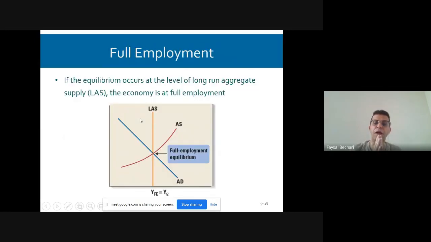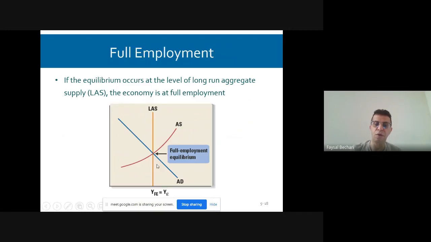In full employment, where supply and demand are equal, if the equilibrium occurs at the level of the long run aggregate supply, LAS, then the economy is at full employment. So where AS and AD meet at a certain level, there is a full employment equilibrium.